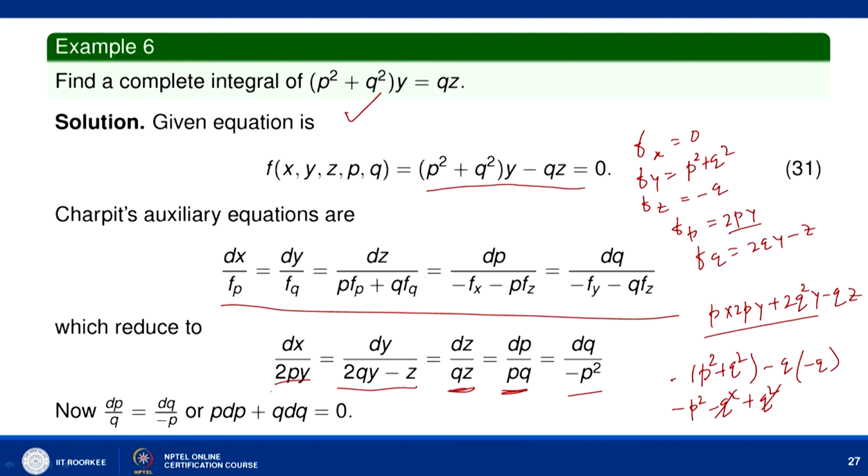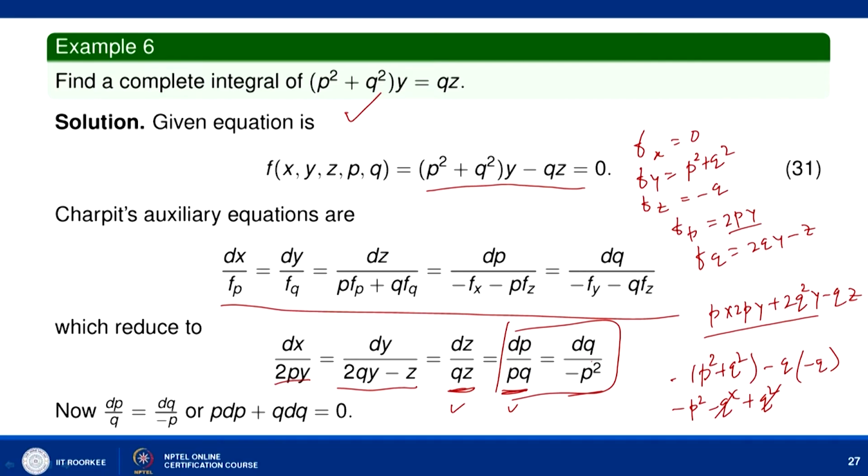Now if you look here, we have quite an easy pattern, so I can use many of these, but let us use these two. Let us say dp/(pq) equals dq/(−p²).